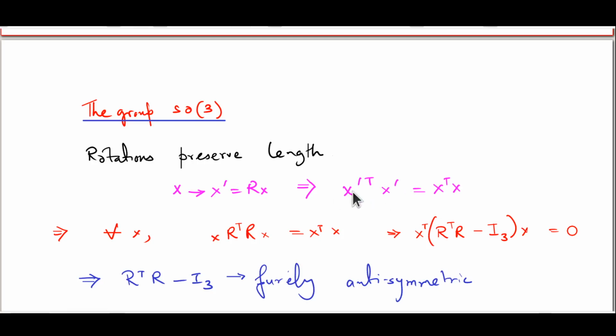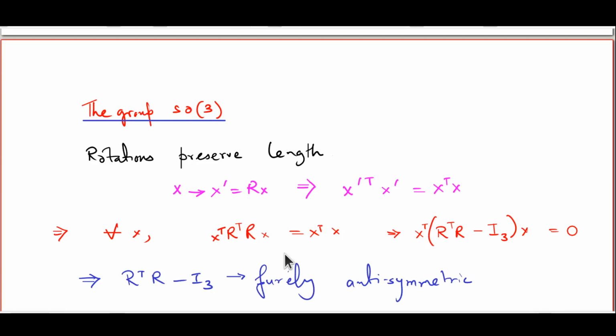The rotation matrix has to have this property that x prime transpose x prime, which is the square of the length of the resulting vector, must be the same as x transpose x, the square of the length of the original vector. This is, of course, what we mean by rotations preserving length. So for every x in 3 dimensions, what you have is x prime transpose x prime, which is x transpose R transpose R x, must be equal to x transpose x.